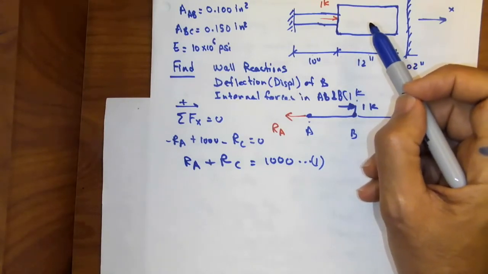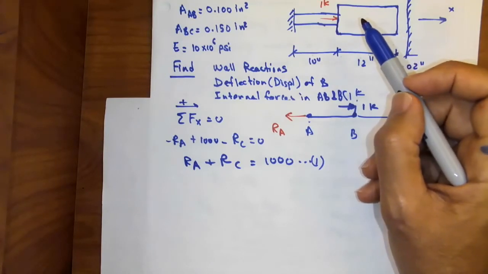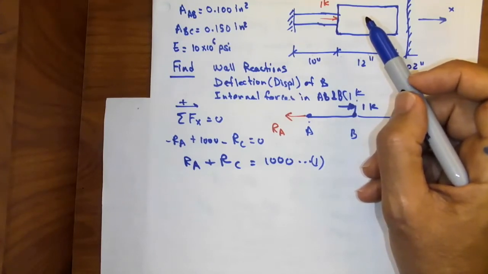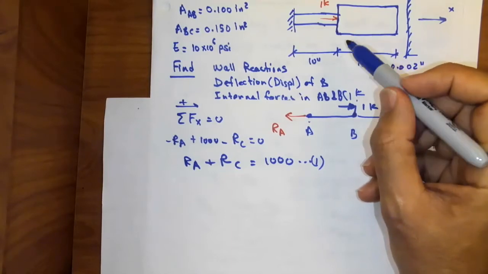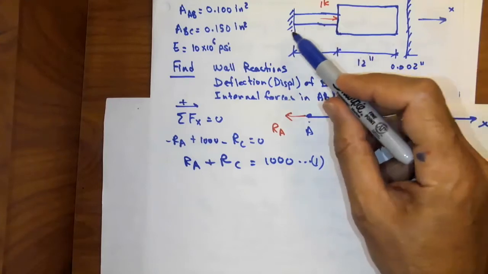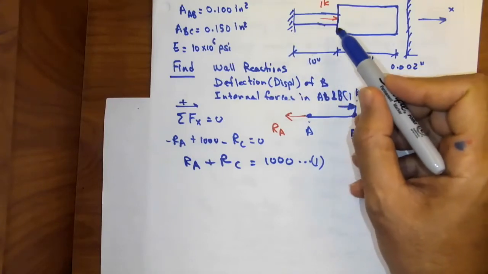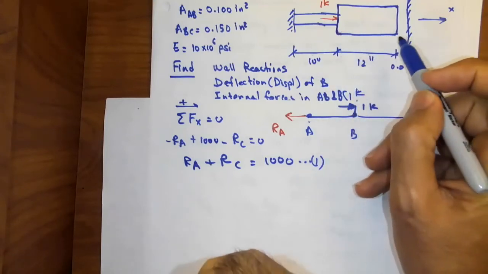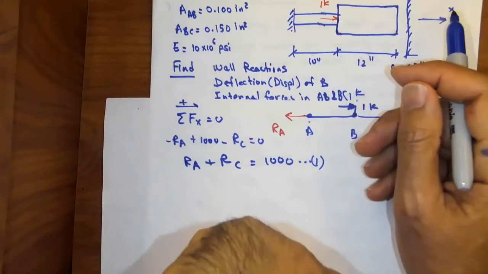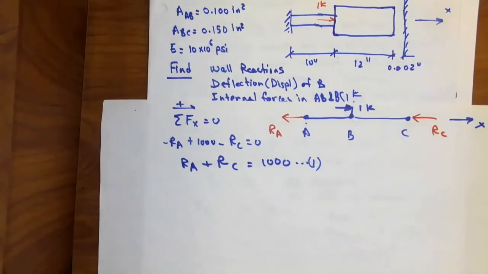What is this compatibility equation going to tell me? What is it that I want to enforce? When I put this 1,000 pound force, what's going to happen? AB is going to elongate, and BC is going to be pushed until it hits the wall, if it hits the wall. Now, if it hits the wall, it's going to push back.